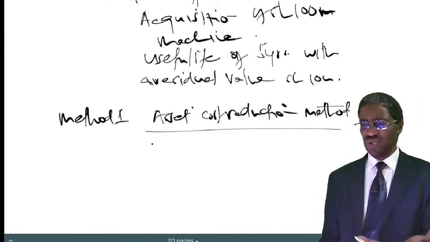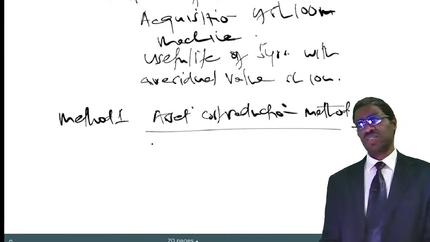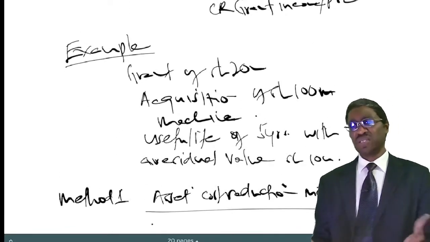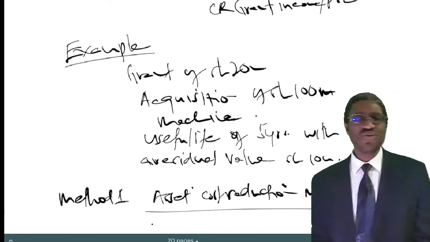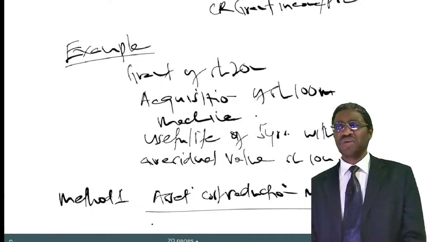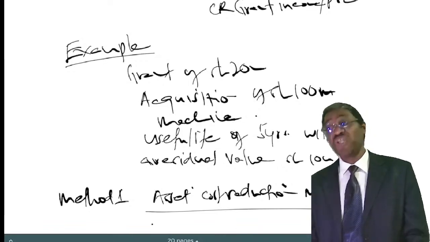So that one I told you, listen, we are receiving a grant of how much? 20 million. You just debit bank to credit the asset. That's all. Once you debit cash and credit the asset by 20 million, obviously you will remain with how much? With 80 million.